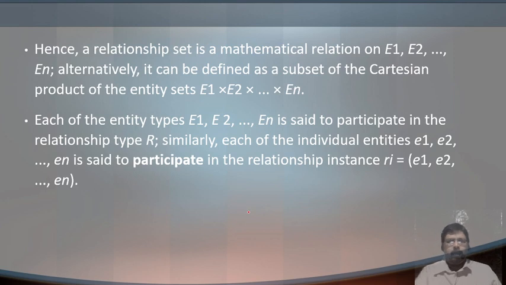Okay, now here if you go with the mathematical relation on E1, E2 up to En, it can be defined as a subset of the Cartesian product E1 × E2 × E3 × En. So that is quite interesting. Cartesian product means you have the entities in this fashion, correct? And one more here, so each can associate with another one.